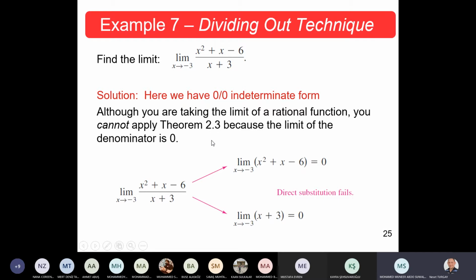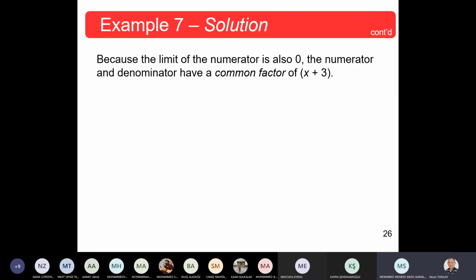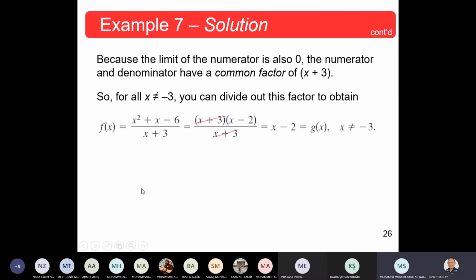Now, this is again 0 over 0. What do you think? Yeah, you can factorize, right? Which one, numerator or denominator? Of course, the numerator, right? Can you see that?